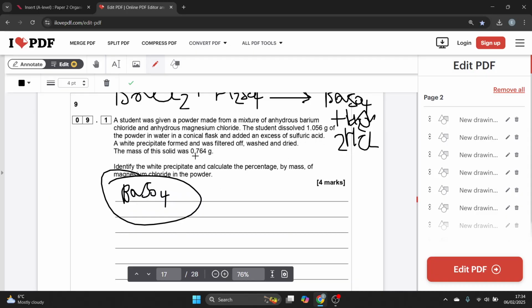So the mass of the powder is 1.056, and I want to work out the percentage by mass of magnesium chloride.